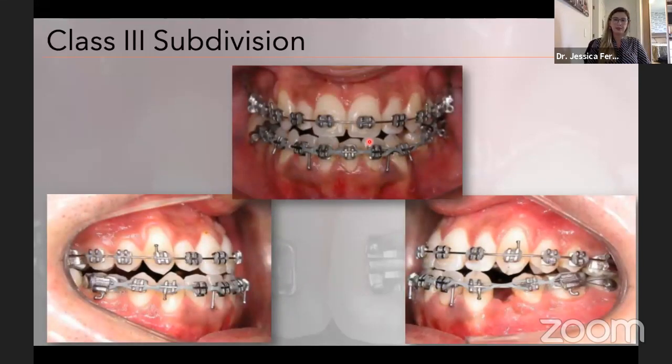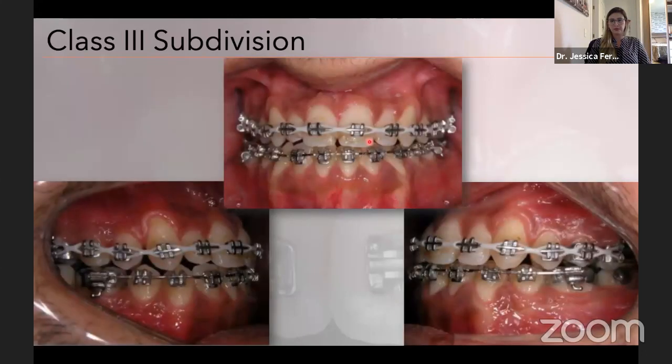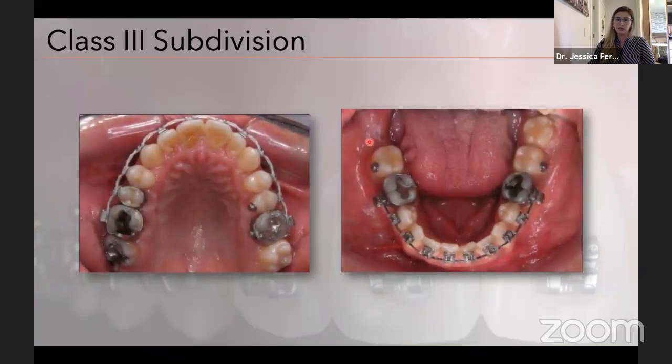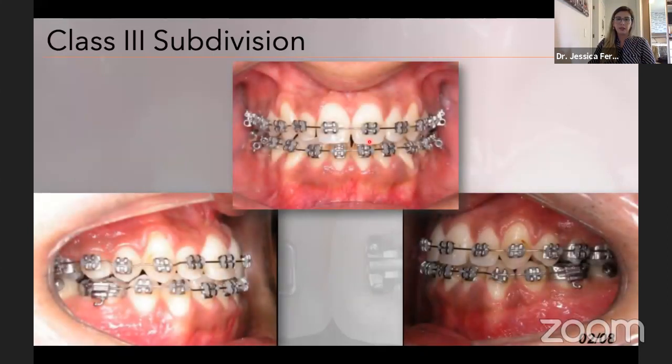Closing the space. Here finishing the treatment, correcting the class 3 malocclusion, space closing. Here with class 1 canine relationships, a good overjet and overbite.